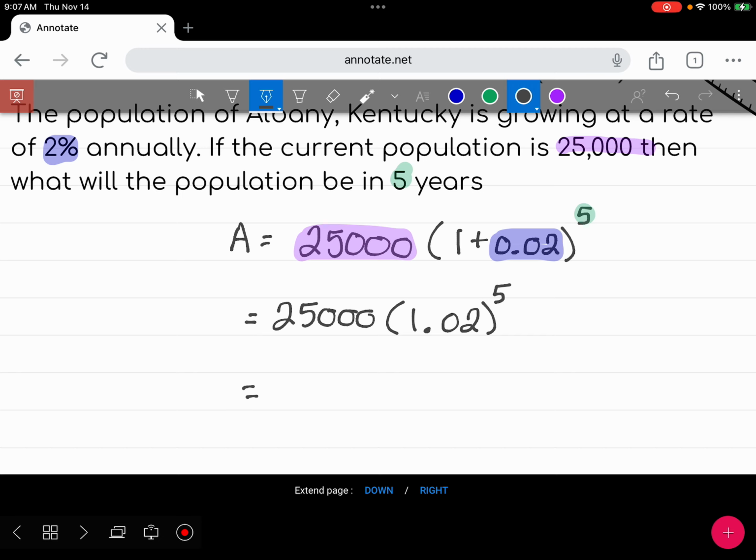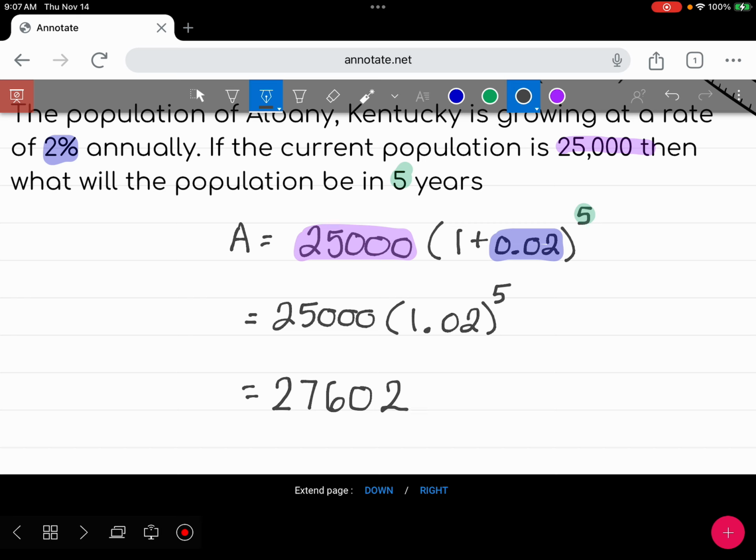How many people are going to be in this town in 5 years? 27,600 and how many? 2.